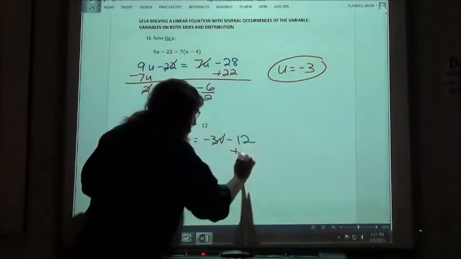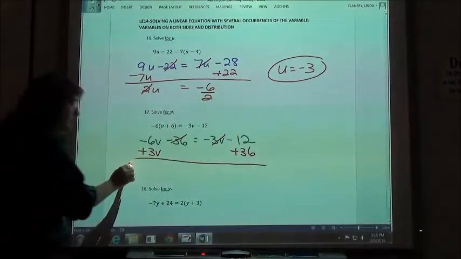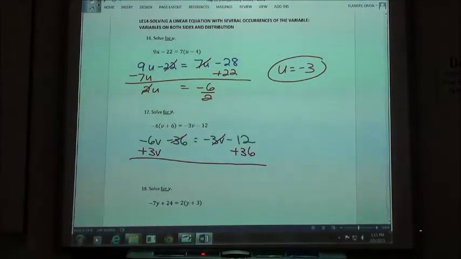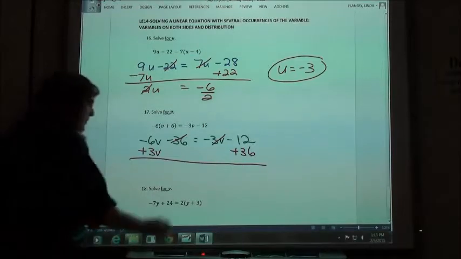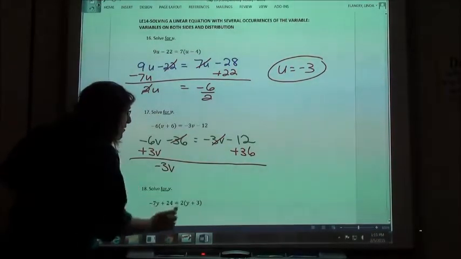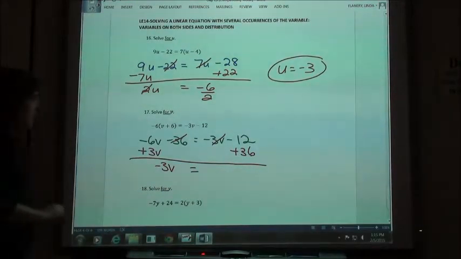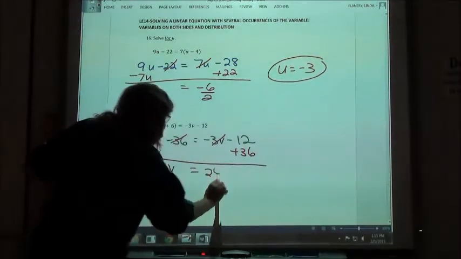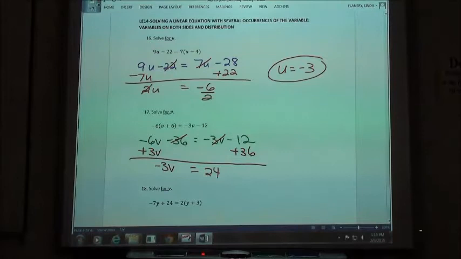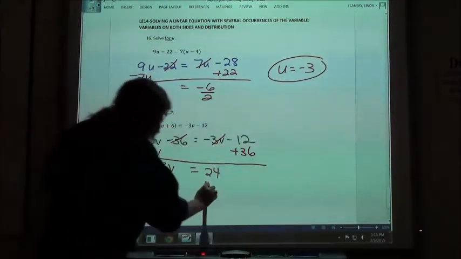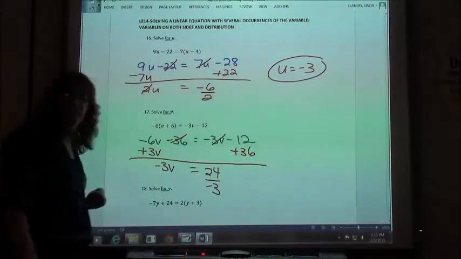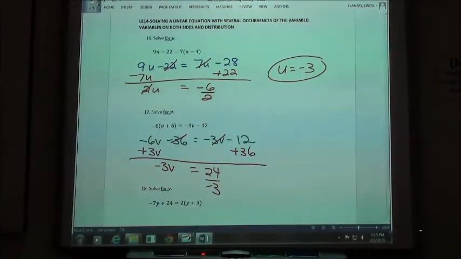Add it, plus my 36. Negative 6 plus 3 is negative 3. So negative 3v equals negative 12 plus 36 is 24. Then my last step, v is going to equal negative 8 because I'm going to take 24 divided by that negative 3.